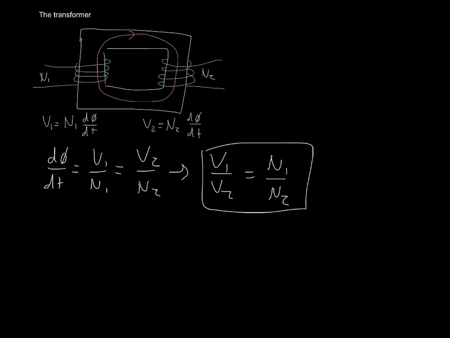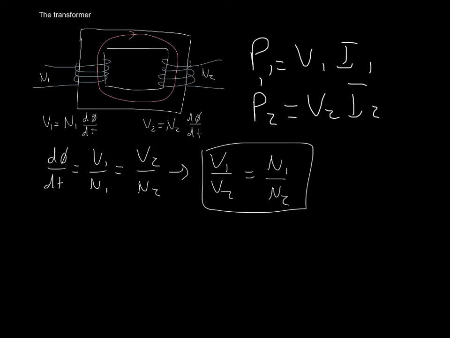Now, imagine that I have a certain power in. So the power in, power 1, will be equal to V1 I1, and the power out will be equal to V2 I2, and both have to be equal. So this has to be equal to this. Now all we need to do is put these things together.